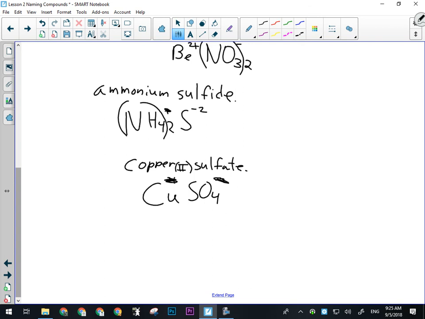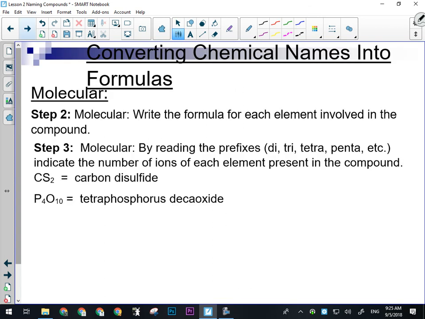For molecular compounds, super easy. You read the compound's name, you write the formulas, and you use the prefixes to tell you the numbers. If it's carbon disulfide, then I know there's 1 carbon and 2 sulfurs, and I just write it that way. If it's tetraphosphorus decaoxide, tetra means 4, so there's 4 phosphorus, deca means 10, there's 10 oxygens. You don't have to worry about dropping and swapping or doing anything else.